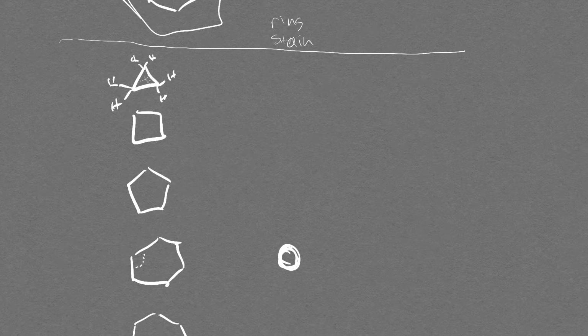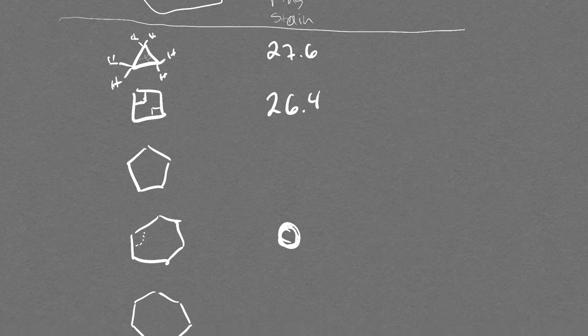Now, the cyclopropane ring strain relative to cyclohexane is 27.6 kcal per mole, higher than cyclohexane. And cyclobutane has 90-degree angles, so still not brilliant. It's a little less strained, 26.4, but not great.